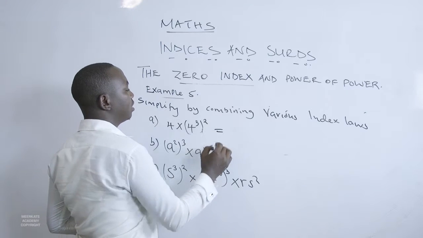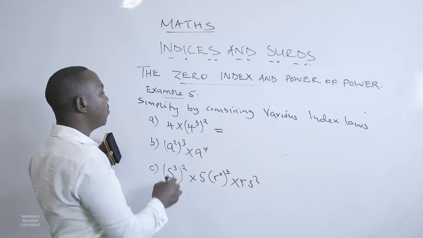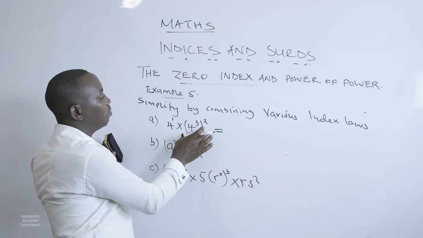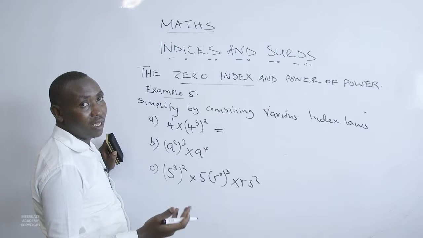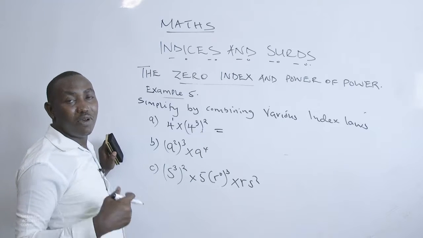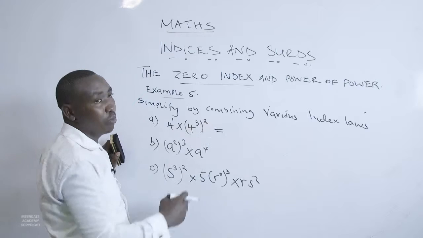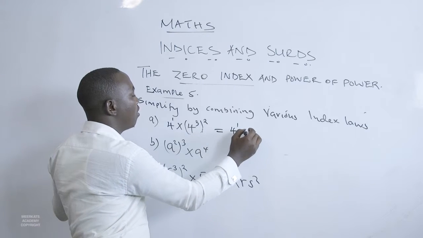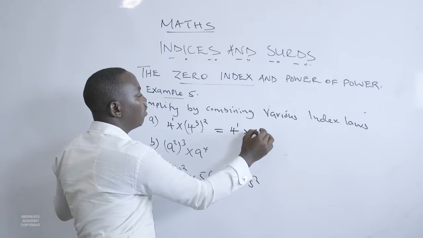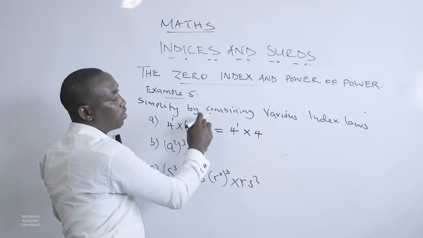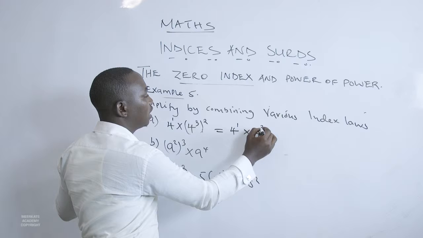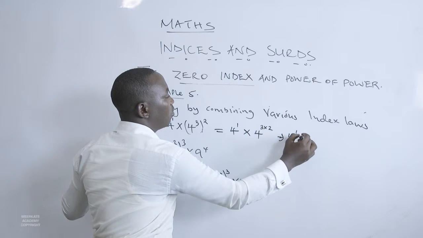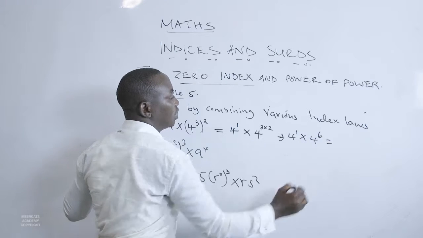So for the first question here, this is like 4 raised to 1. So let us begin by dealing with this power of another power. Whenever we have a power of another power, that means we are going to multiply the powers together. So this shall be 4 raised to power 1 multiplied by 4 raised to the product of the powers, which is 3 times 2, which shall be 4 raised to 1 times 4 raised to 6.